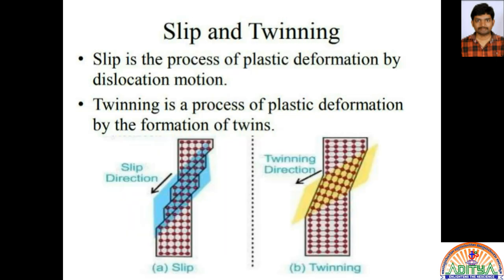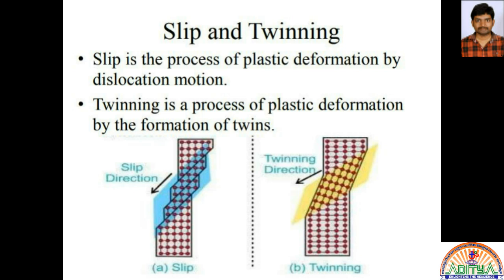Coming to the imperfections, in detail we need to discuss slip and twinning. Slip and twinning are two important deformation mechanisms in materials. Slip is a process of plastic deformation by dislocation motion. Slip is the movement of dislocations along a slip plane, which results in plastic deformation.